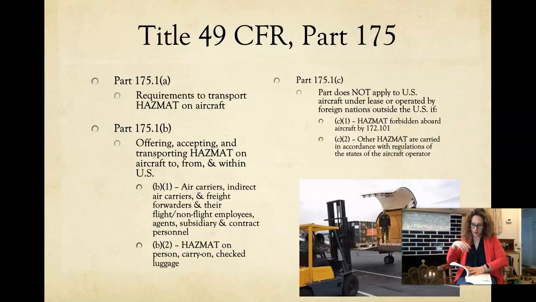It's the airlines and cargo. Air carriers, indirect air carriers, freight forwarders, and their flight and non-flight employees, agents, subsidiary and contract personnel, including cargo, passenger, and baggage, acceptance, handling, loading, and unloading personnel.